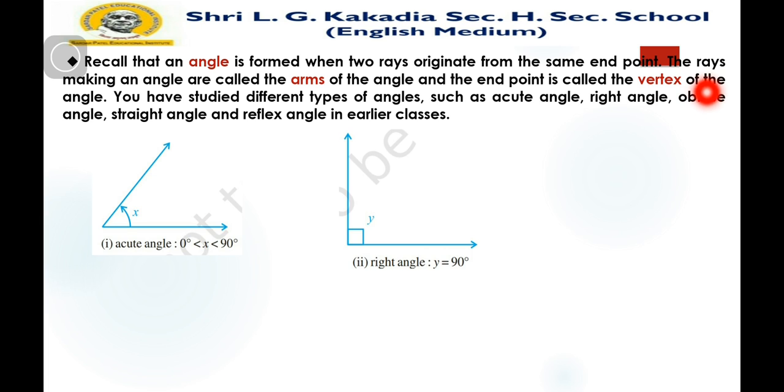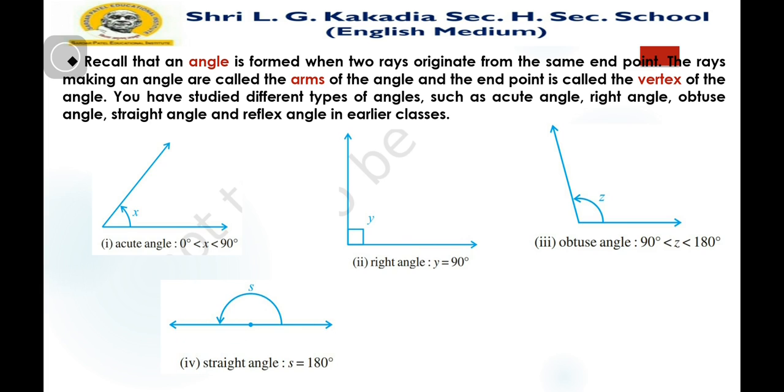Then obtuse angle: if the angle is between 90 and 180 degrees, it is known as an obtuse angle. Straight angle: if the angle is 180 degrees, it is known as a straight angle.